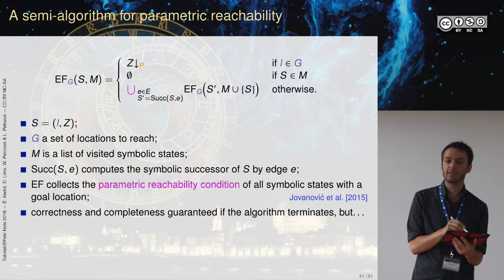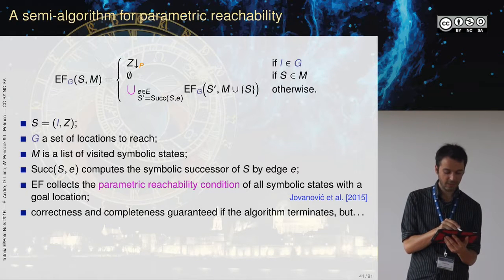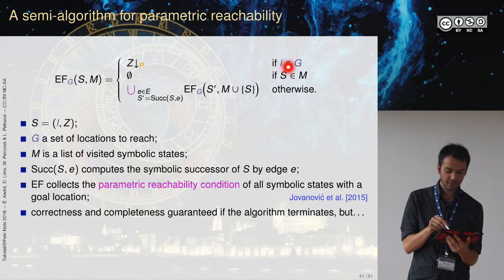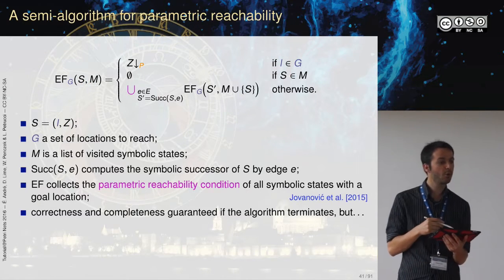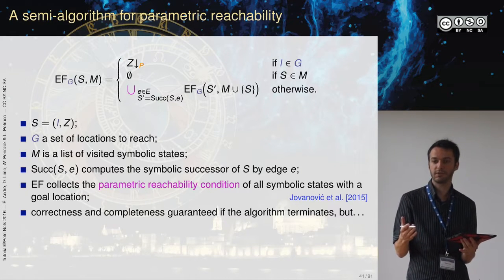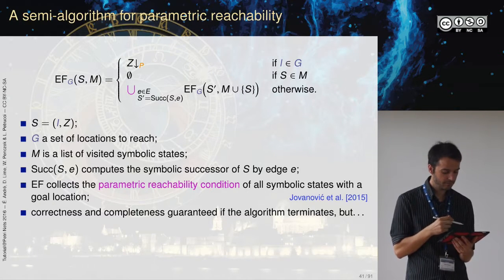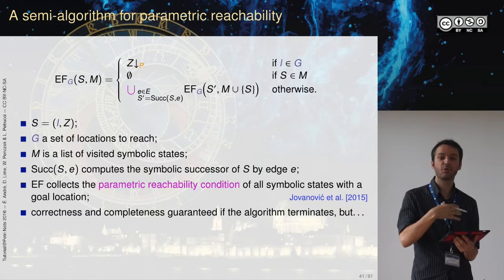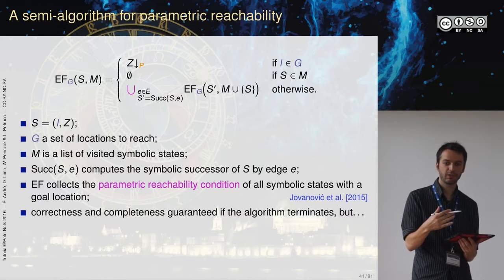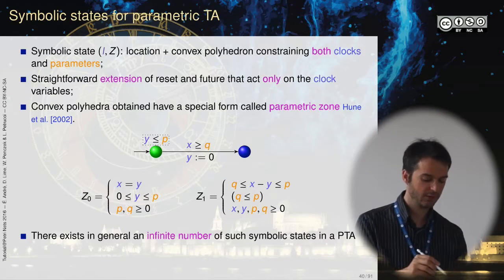So we have three cases in this function. When we compute EF of S and M, first we check: S has a discrete part L, is my discrete part L in the set of goal locations that I'm looking for? If so, I finished. I found a state reaching the desired location. So I will return this expression. This expression means the projection of the symbolic zone onto the parameters. What does this mean? Let me go back to the previous slide.